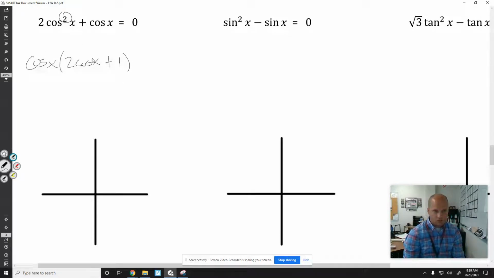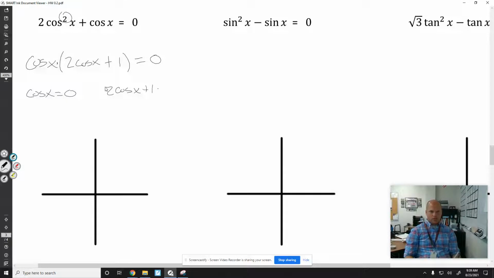Think about if I distributed this in, just to undo what I just did. Cosine x times 2 cosine x, boom, 2 times cosine x quantity squared, or 2 cos squared x. Cosine x times 1 is cosine x. Okay? Now I've set up this product equal to 0. I have 2 different pieces that could equal 0.